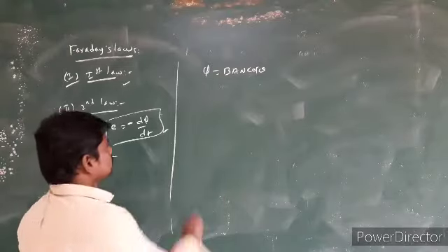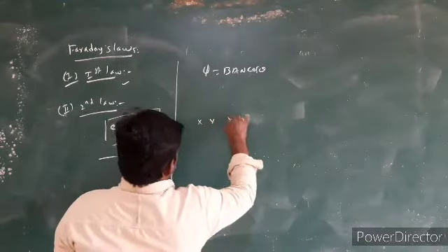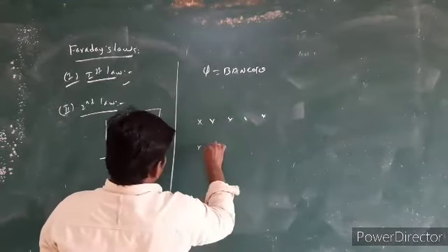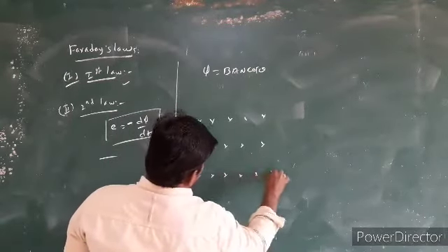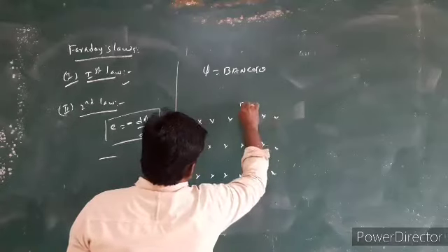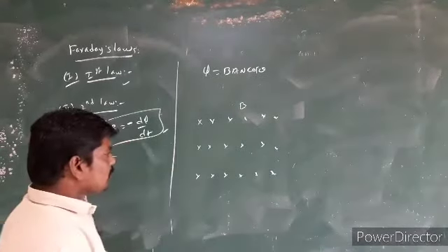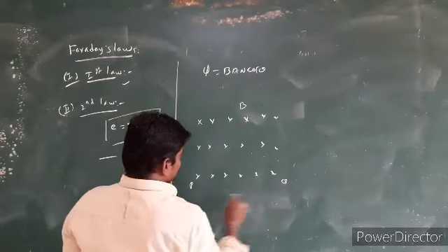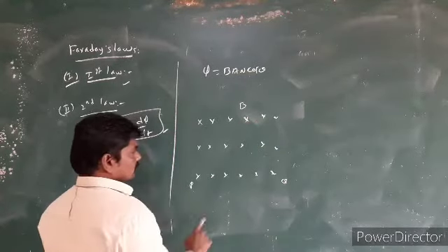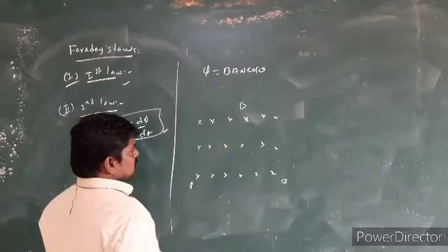For example, this is the magnetic field. Let B be the strength of the magnetic field. The magnetic field is perpendicular into the plane of the board. The magnetic field extends from point P to point Q. In this region, the magnetic field is extended.